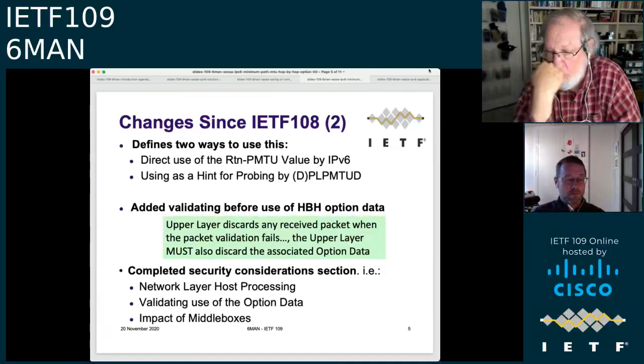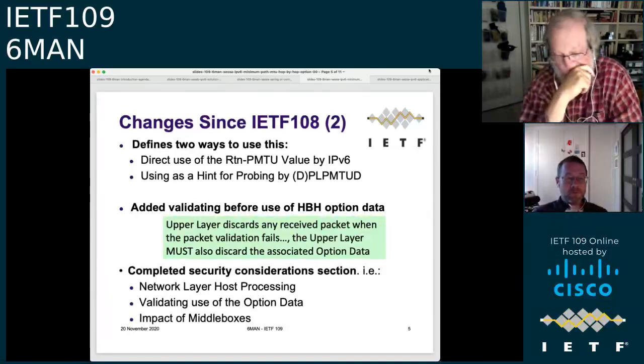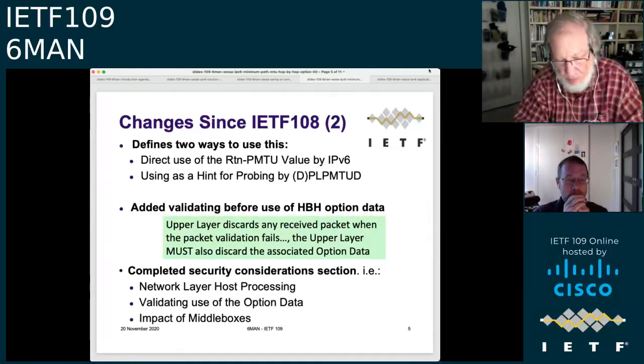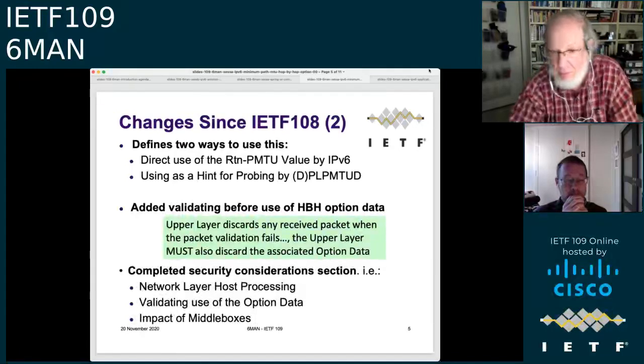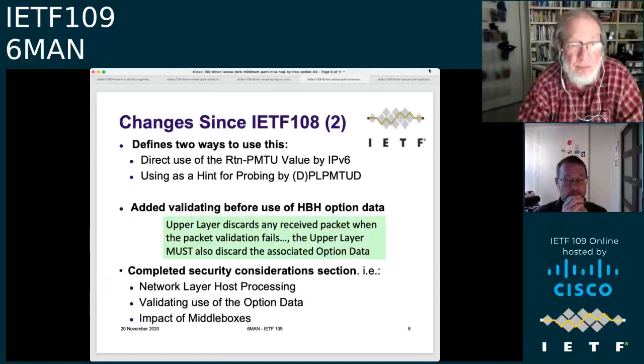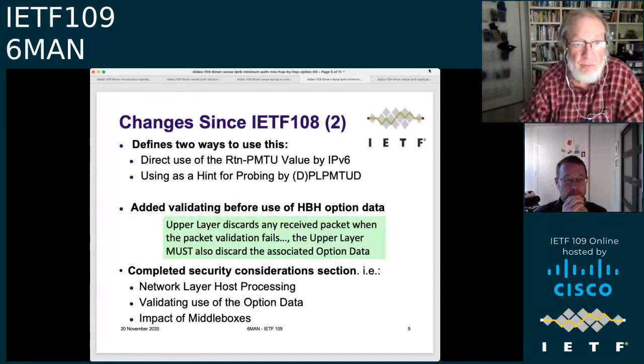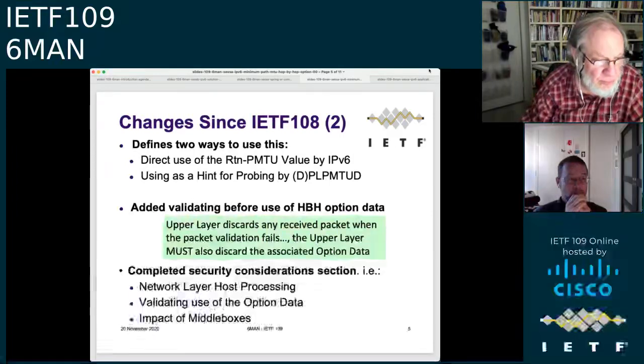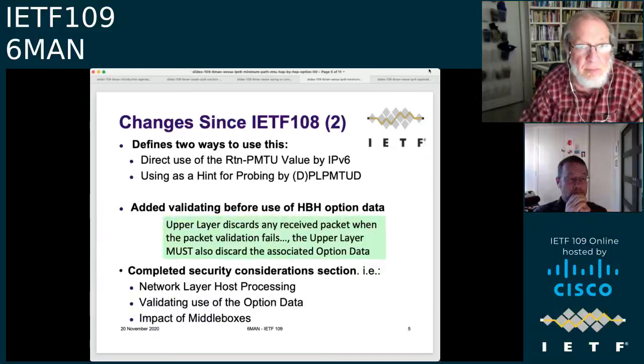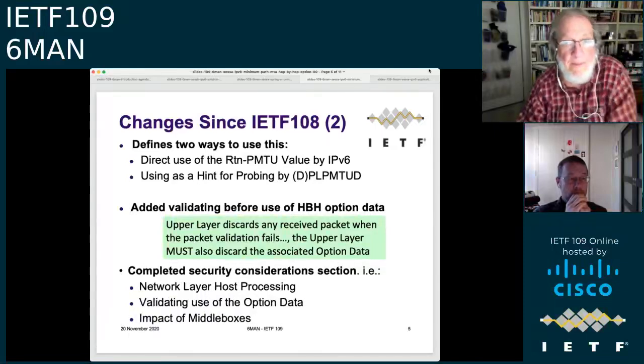The upper layer then reads the options data. It can validate the options data because it knows more about the contents of the packet which it receives as a probe. And then highlighted in green, there is a way for this upper layer protocol to throw away the option data if the packet isn't validated. It seems subtle. You probably have to read the draft to understand it properly.